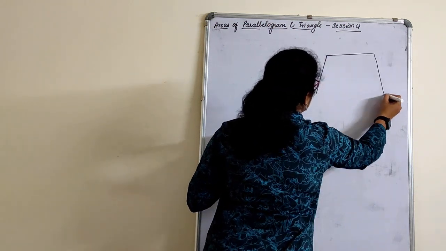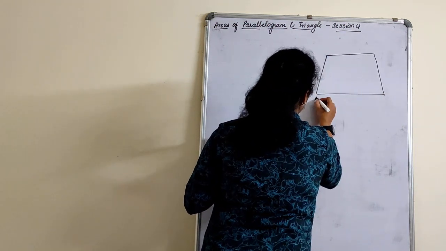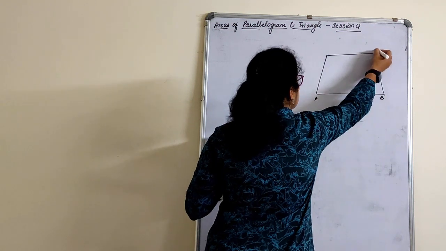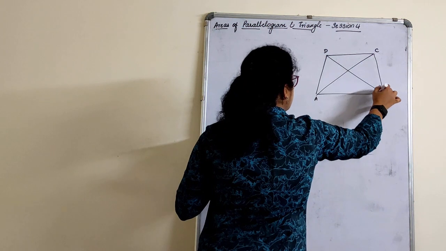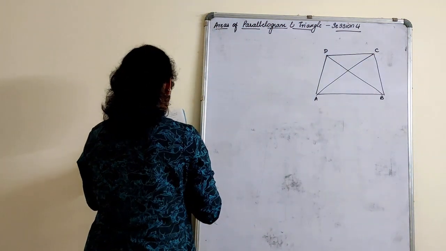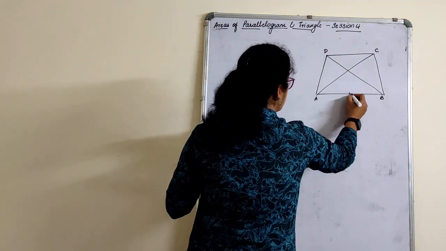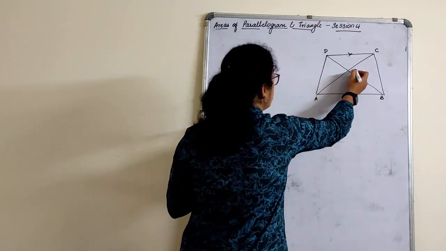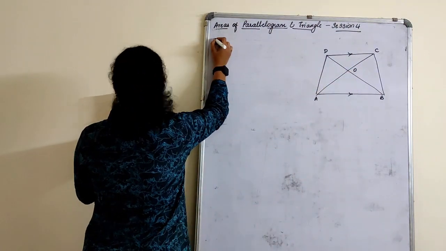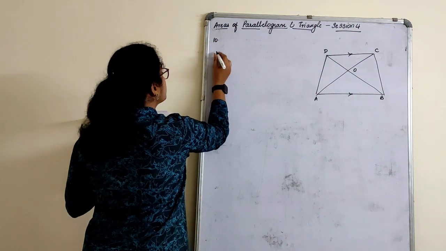So if this is a trapezium, ABCD is a trapezium. Diagonals AC and BD of a trapezium with AB parallel to CD intersect each other at O. Let's write question number 10.